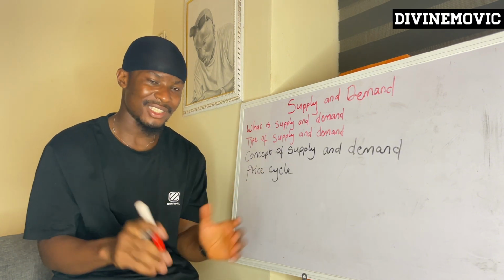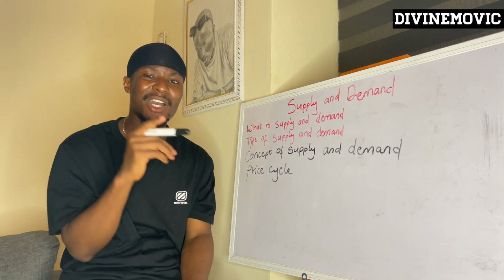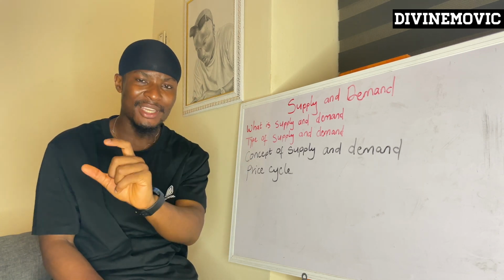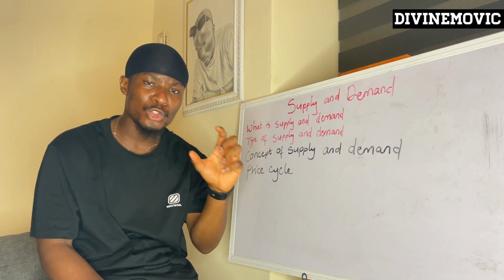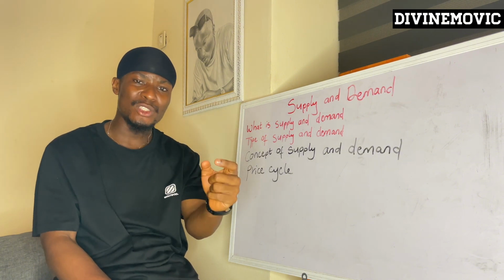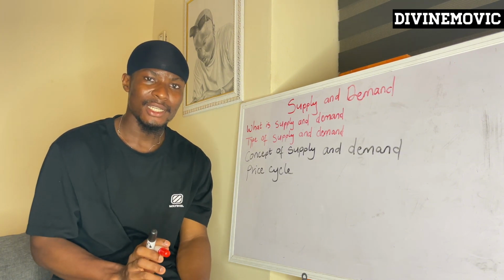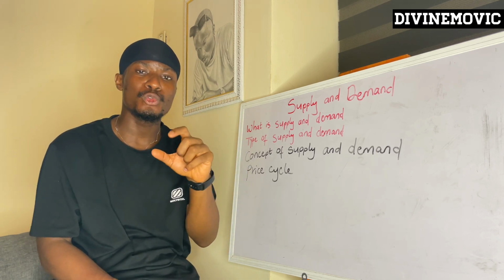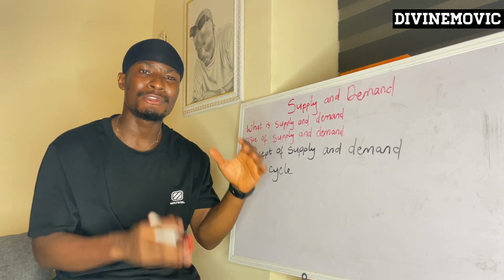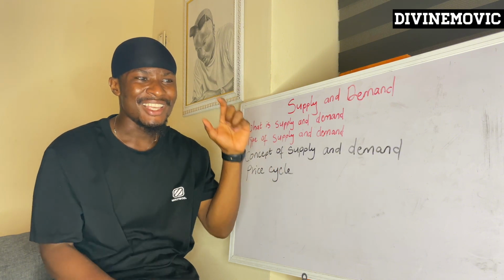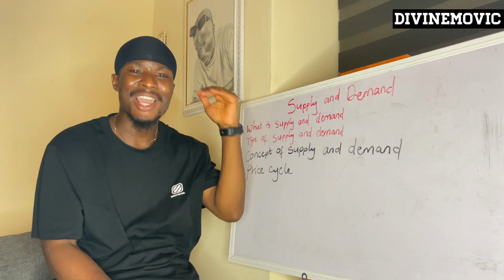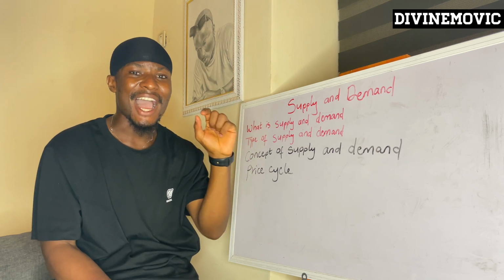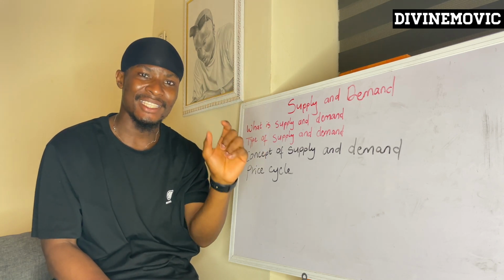So let's get started. Supply, or a supply zone, is simply a zone in the forex market where there's a large number of sell orders that need to be triggered into the market. Let me rephrase. Supply zones are simply zones where there's a large number of sell orders. That means institutions, maybe big banks, people with large money in the market, are putting a sell order in that market.